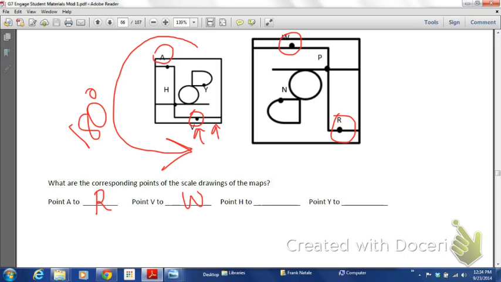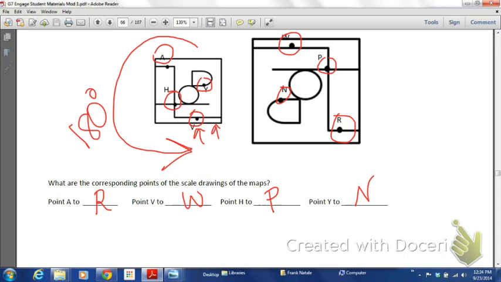Okay, and now point H, maybe if you haven't done it yet, I'll pause a second here, and point H is right here actually. What does point H correspond to? That's right, it corresponds to P over here. Okay, and then finally Y, there's Y right here, Y would correspond to N over there.